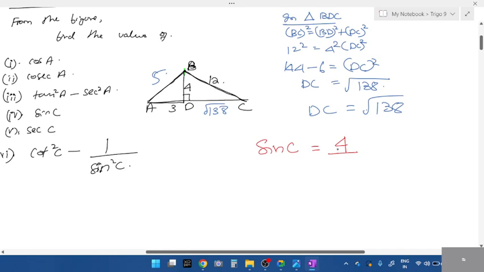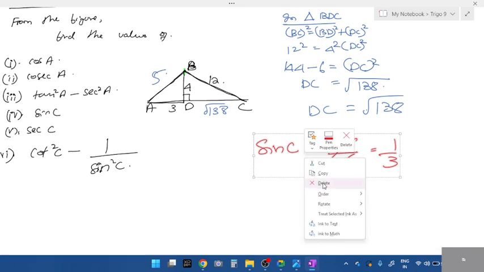Which is the hypotenuse, Shasha? 12. Why did you write 138? What's the answer, students? 1 by 3. You all got it wrong? Okay. Sin C is 4 by 12, Shasha. Understood?